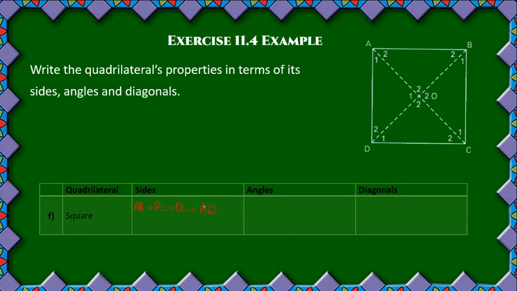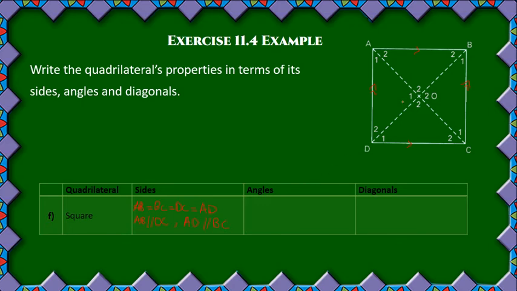And then also we know that AB is parallel to DC, and also that AD is parallel to BC. So that we also state. We say that AB is parallel to DC, and AD is parallel to BC.